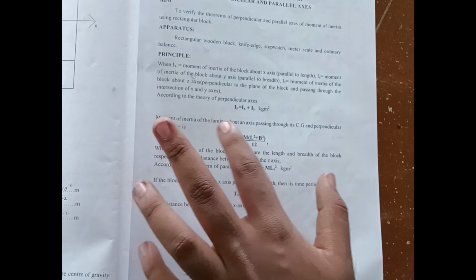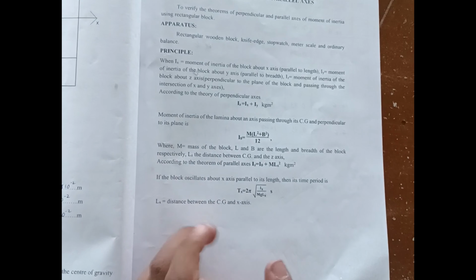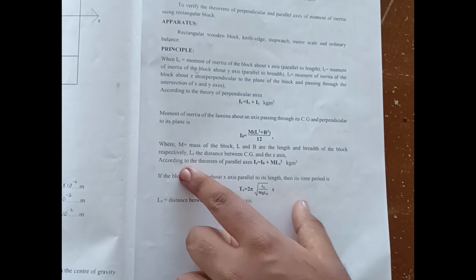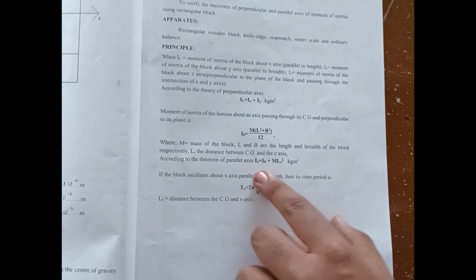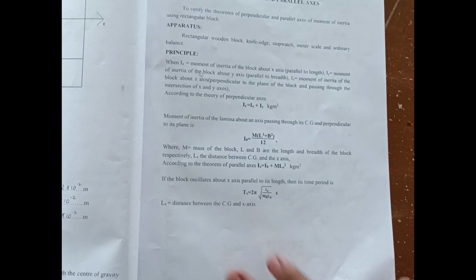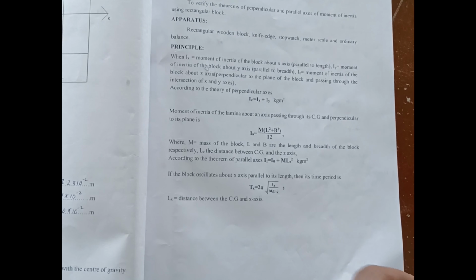The moment of inertia of the lamina about an axis passing through its center of gravity and perpendicular to the plane is given like this. M is the mass of the block, L and B are its dimensions, and according to the theorem of parallel axis, we have this formulation. If the block oscillates about the x-axis parallel to its length, we will keep switching the axes, Iy with Ly, Iz with Lz, and continue with the experiment.